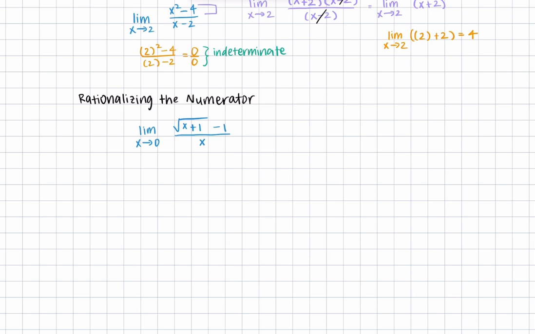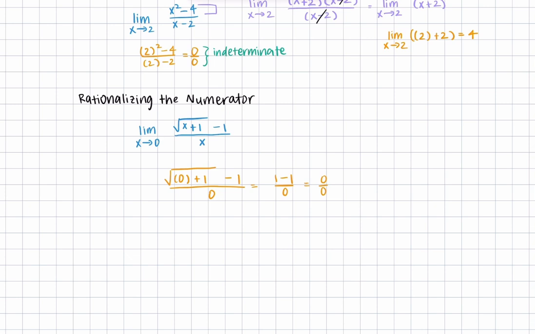If I use direct substitution, again, let's try it out. I would have 0 plus 1 minus 1 all over 0. And this would be square root of 1, which is 1. So 1 minus 1 over 0, and this would be 0 over 0. And we have our indeterminate again.